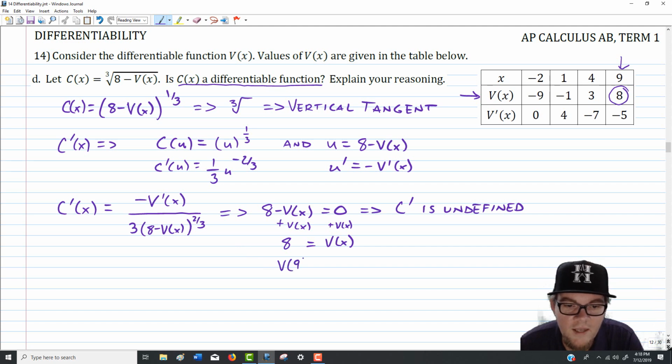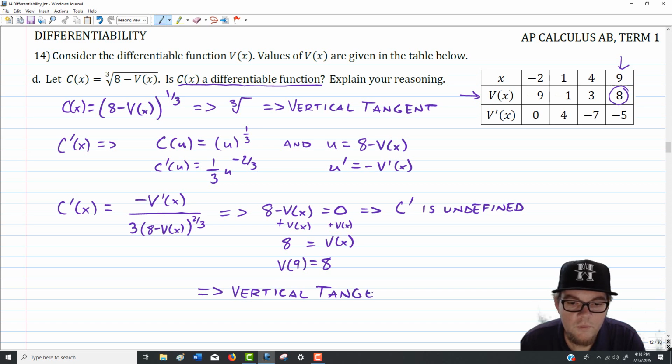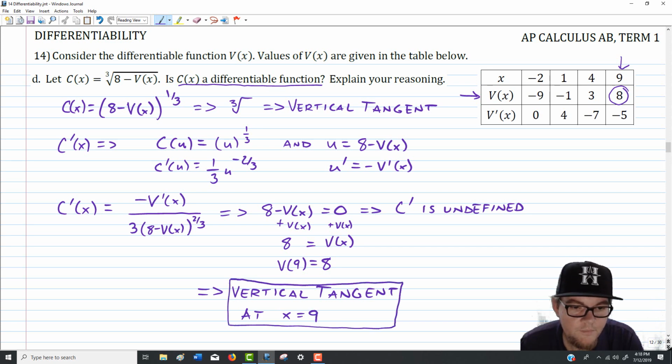So in this case, v of 9 equals 8. And what that tells us is that there is a vertical tangent at x equals 9. And then all the work that we already showed would be our justification.